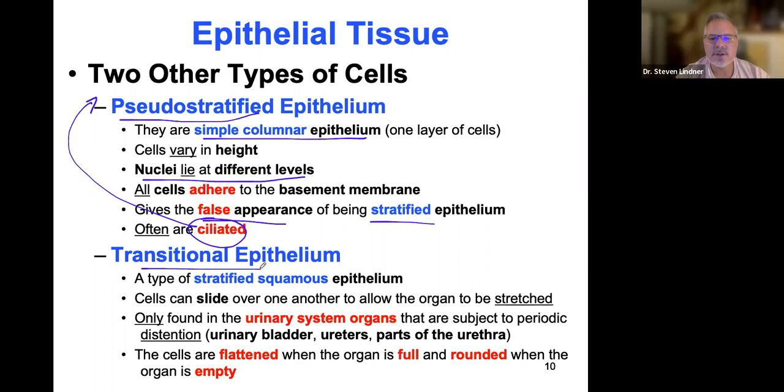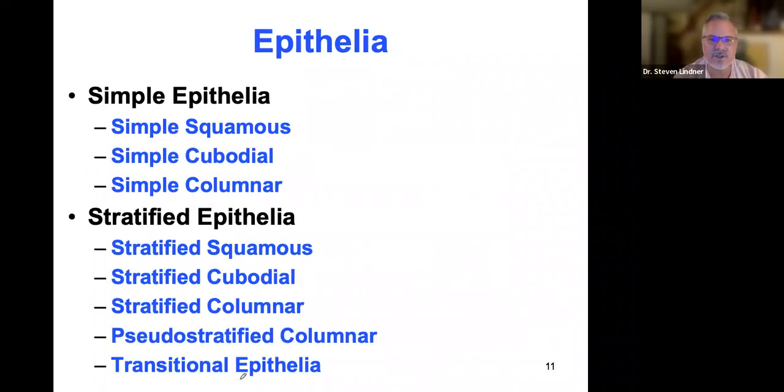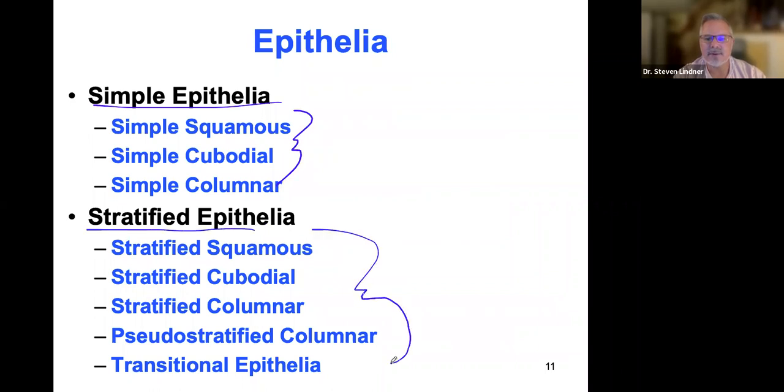The transitional is a type of stratified squamous, but we find them in the urinary system, whether it's the bladder, the ureters, or even the urethra, where the cells could be flattened when the organ is full, or rounded when it's empty. So think of that balloon that alters and modifies in shape. So under simple epithelium, we have these three, and under stratified epithelium, we have those.